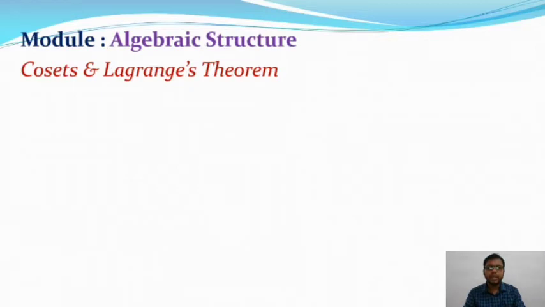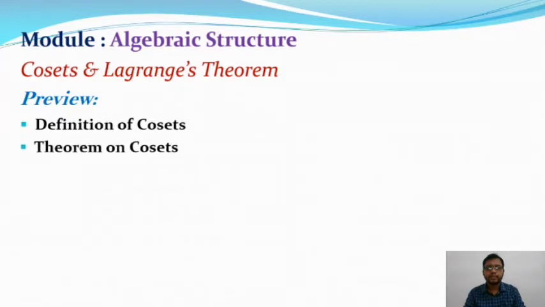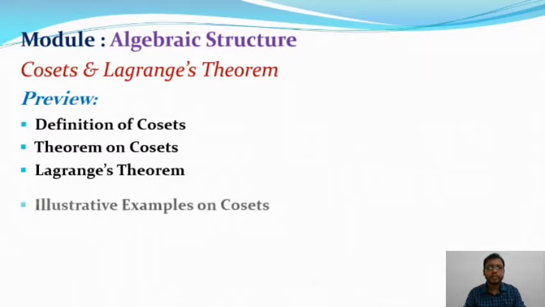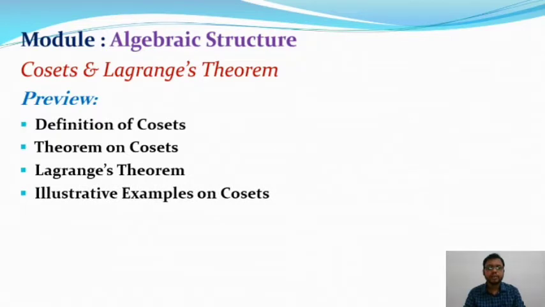We discussed the definition of quotient, and after that some theorems on quotient, and then the statement and the proof of Lagrange's theorem, and some related examples on quotient as well as Lagrange's theorem in the previous class.